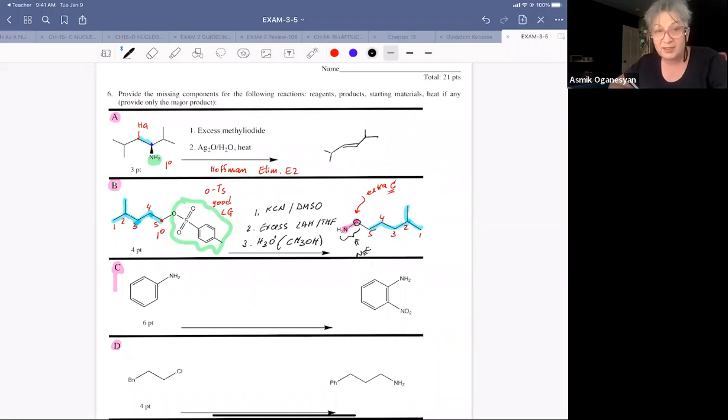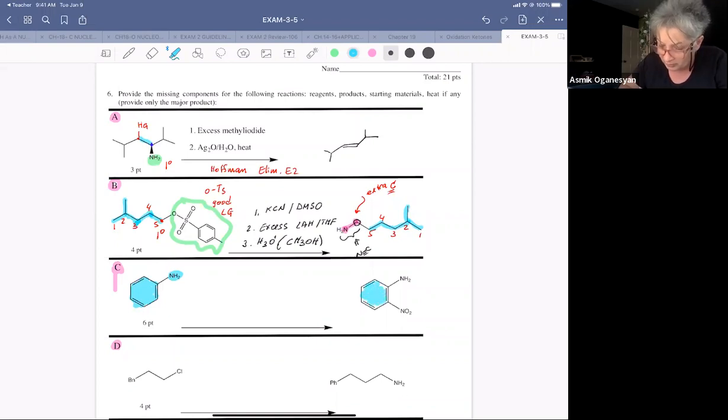Let's take a look at the next reaction. In the next reaction, again, I need to predict the reaction conditions. In the substrate, I start with aniline, a good electron donating group, a great electron donating group.